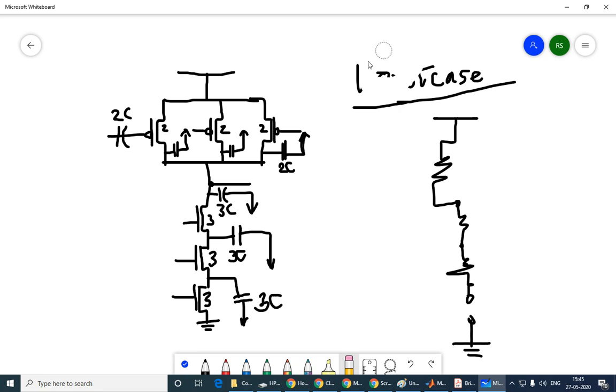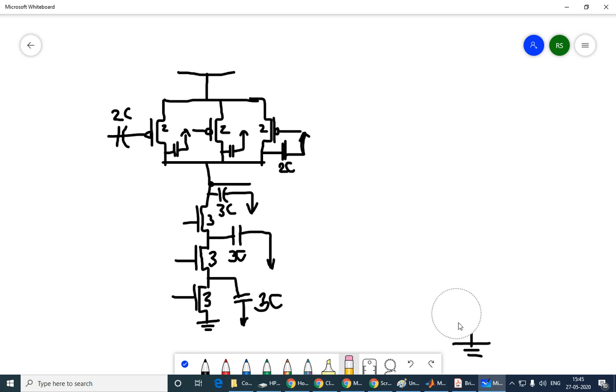Similarly, we can also do the best case delay. This is the exact opposite. We have all three transistors conducting and all of them not conducting. So this is simpler to draw, or simpler to analyze rather.